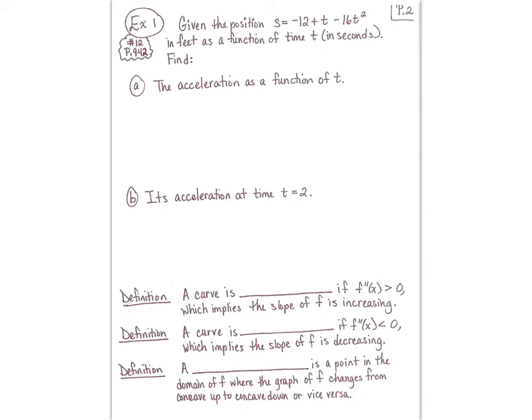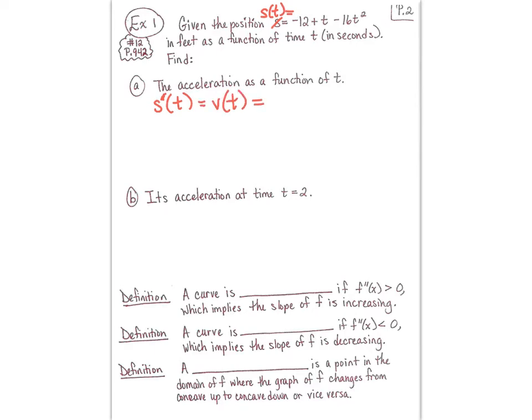So if you want, instead of s, you can write s of t. It's not incorrect to write what I had, but if you want it in terms of t, you can write it that way. Now, s prime of t, as we discussed on the previous page, is your velocity. That's v of t.